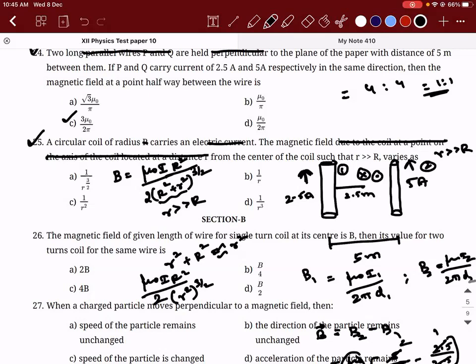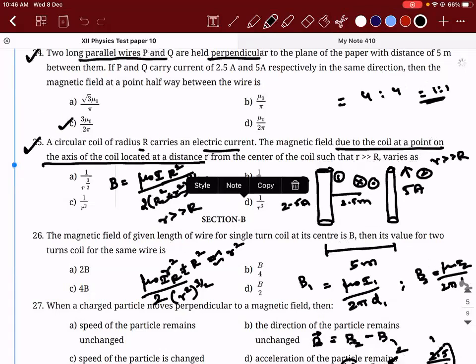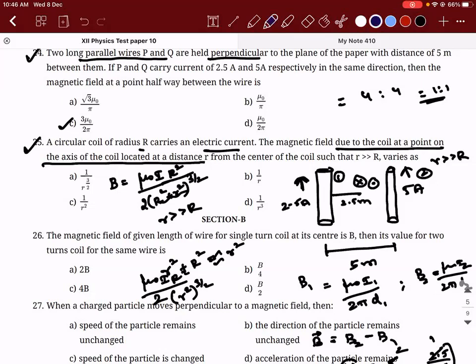The magnetic field will vary according to the relation 1 by r cube. 1 divided by this is the answer. I don't know why my device is behaving slow, not responding at all. Yeah, this is the answer.